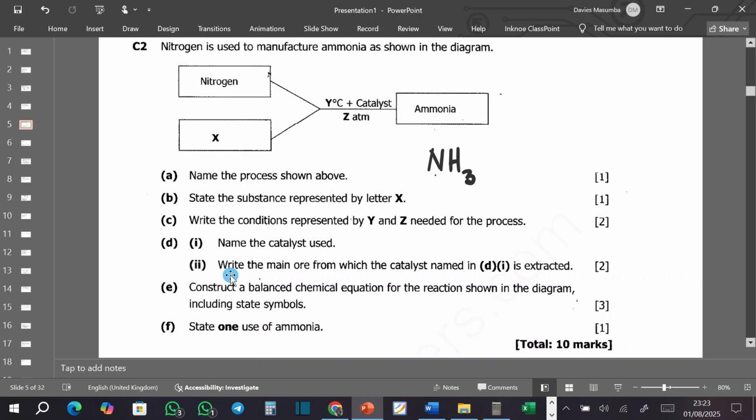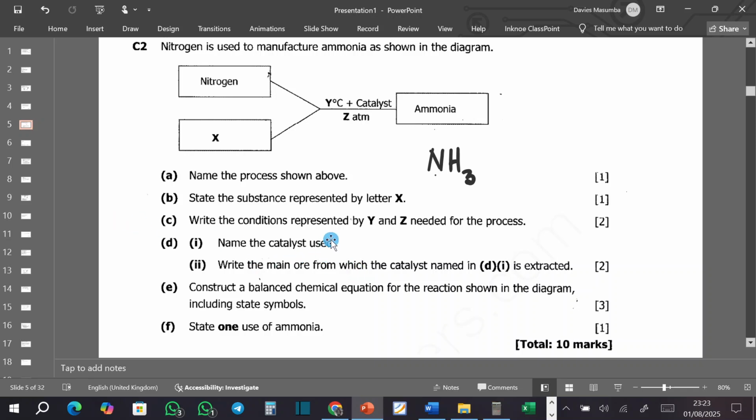When they say write the main ore from which the catalyst named in D2 is extracted, it is actually hematite. The word ore means a compound from which a metal is extracted.